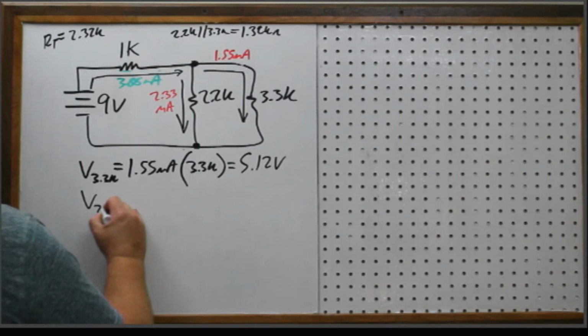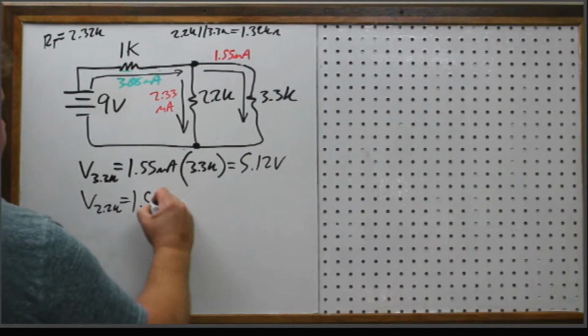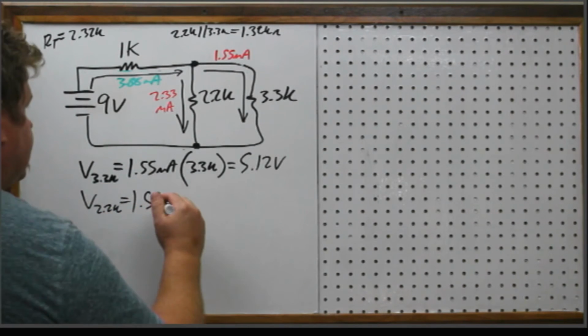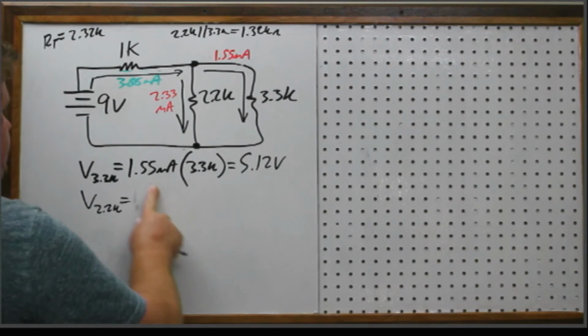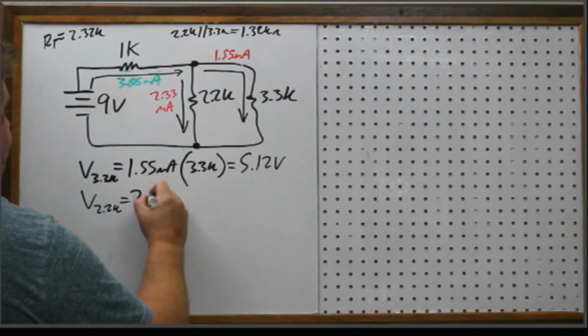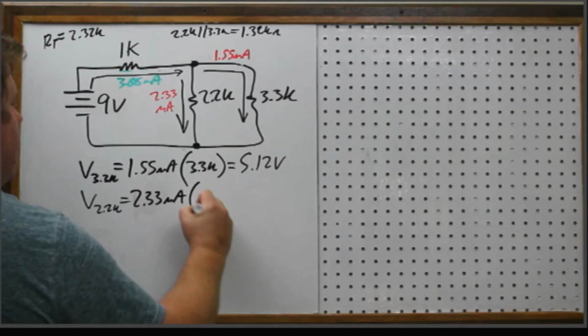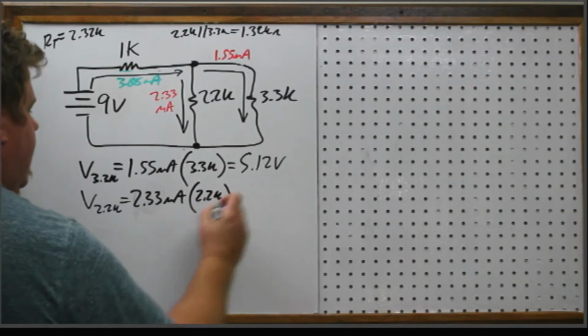And the voltage of the 2.2K is 1.55, I'm sorry, it's not 1 point anything, is it? It's 2.33 milliamps times 2.2K.